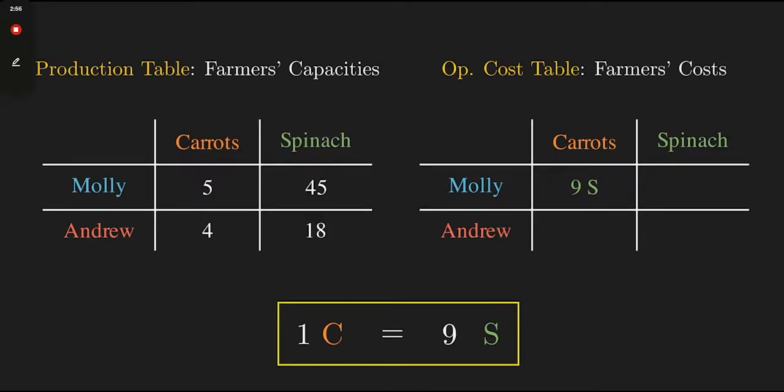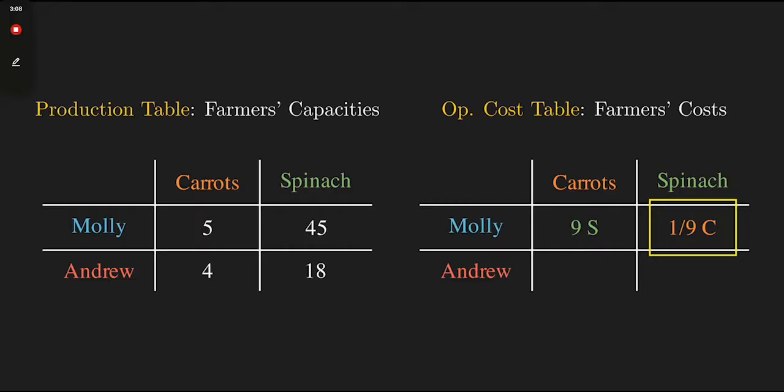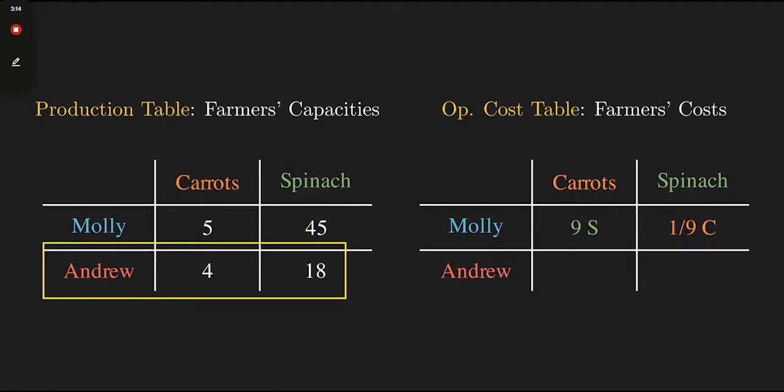And then to find the opportunity cost for a unit of spinach for her, we simply take the inverse. So 1 unit of spinach requires Molly to give up 1/9 units of carrots. So we can fill this in here. All right. And as an exercise, I would have you go through and solve the same relationship for Andrew.